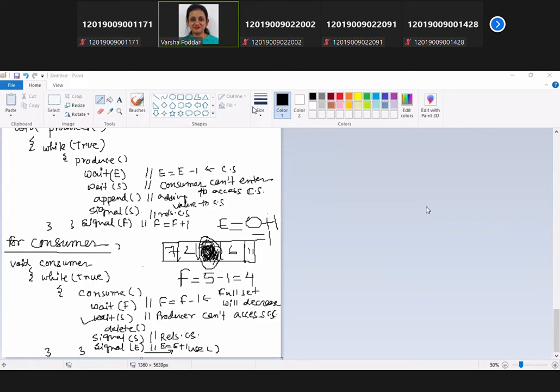To acquire the critical section, we use wait S. To release the critical section, we use signal of S. Right? Okay, so any more problem? I don't think there is any more problem, so we can proceed towards the next one.